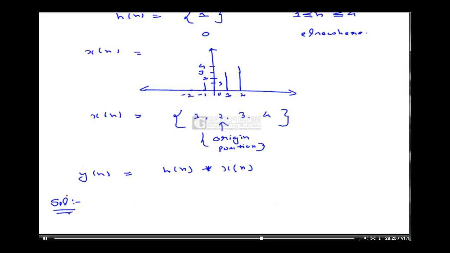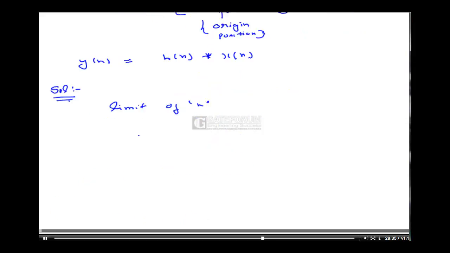First, the limit of n. -1 plus 0 less than equal to n less than equal to 4 plus 2. So this will be -1 less than equal to n less than equal to 6.